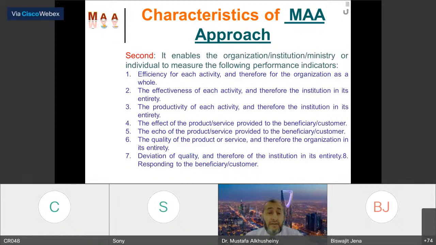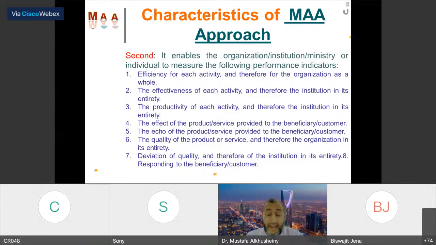methodologies. By this methodology or approach, we can measure numerically the efficiency for each activity, the effectiveness for each activity, the productivity of each activity, the effect of the product or service provided to the beneficiary customer or the end customer, the echo of the products provided to the customer, the quality of the product or service of the organization, and for each activity also, the deviation of quality.